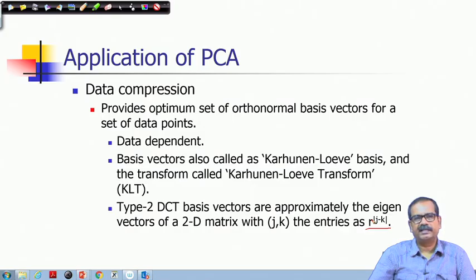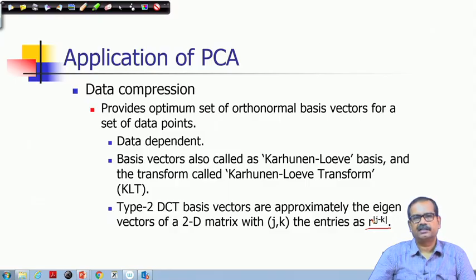If j and k deviate too much from each other, then adjacency is less, and the correlation should be less. Because r is a value less than 1, as the magnitude of j minus k increases, this value decreases.